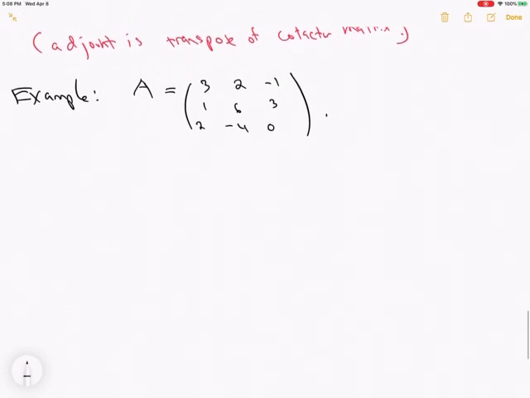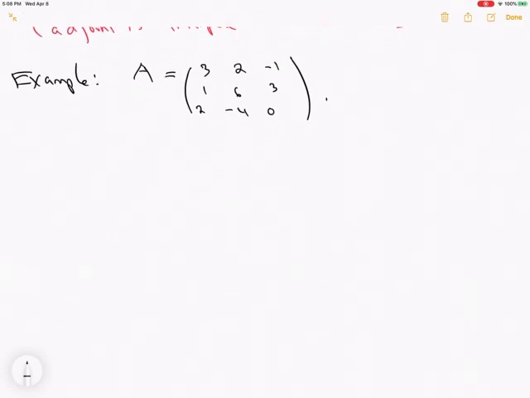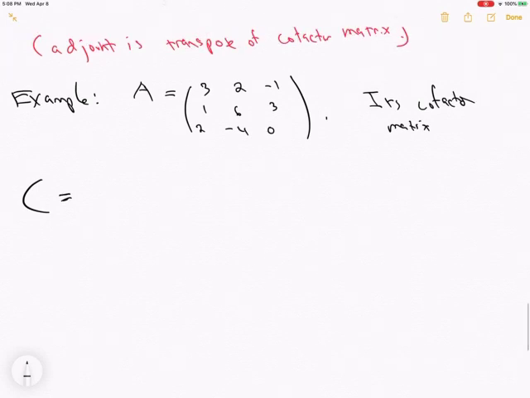Remember that this is the matrix C, whose entries come from the determinants of submatrices up to a certain sign. So the 1, 1 entry is the determinant of the 1, 1 submatrix.